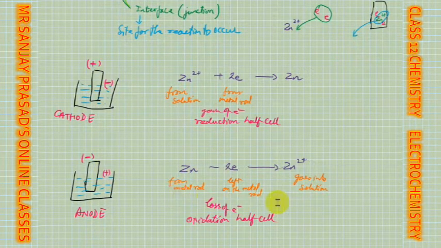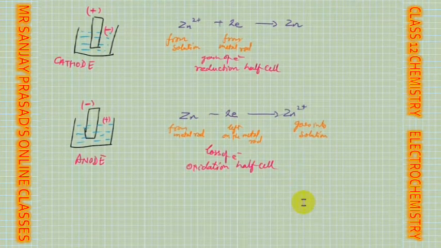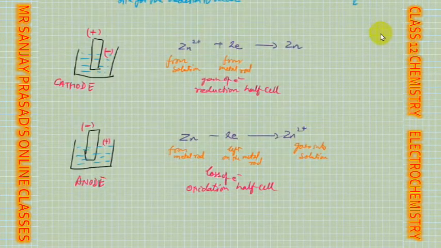Clear? So once you got this, in both cases you are getting some charges developed on the metal rod and the electrolyte. Some charges, a potential difference is developed between them, and that potential difference we call electrode potential. Clear?